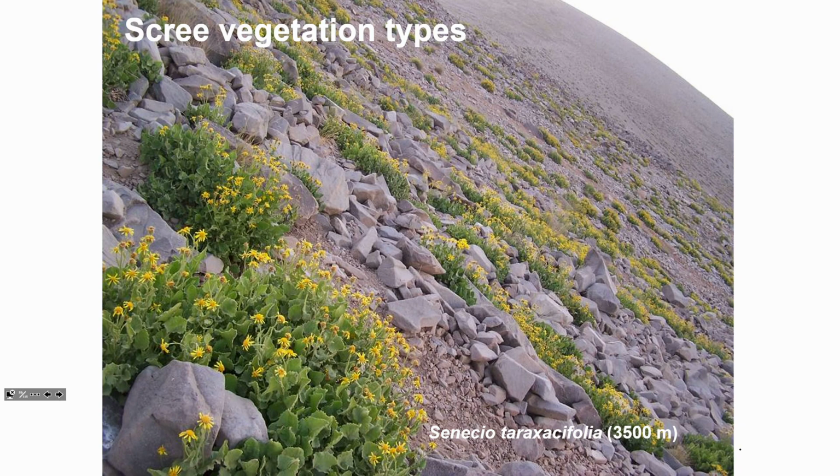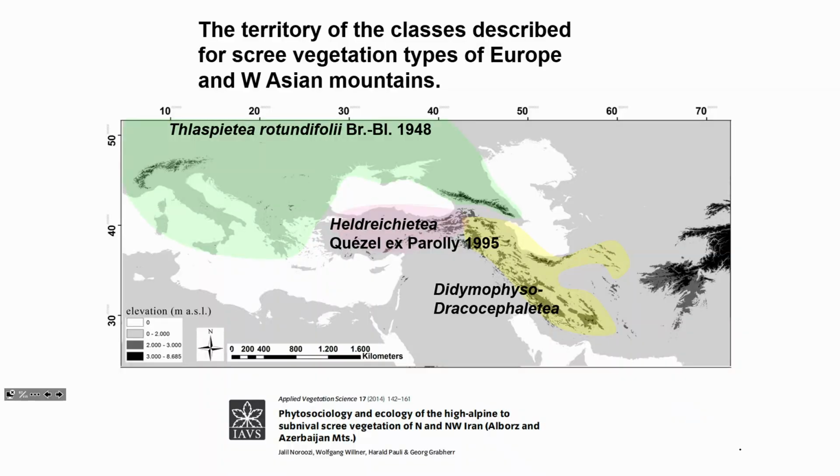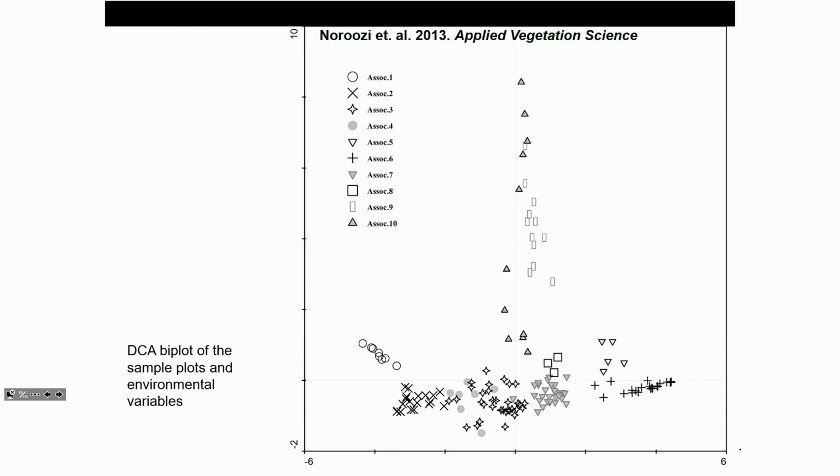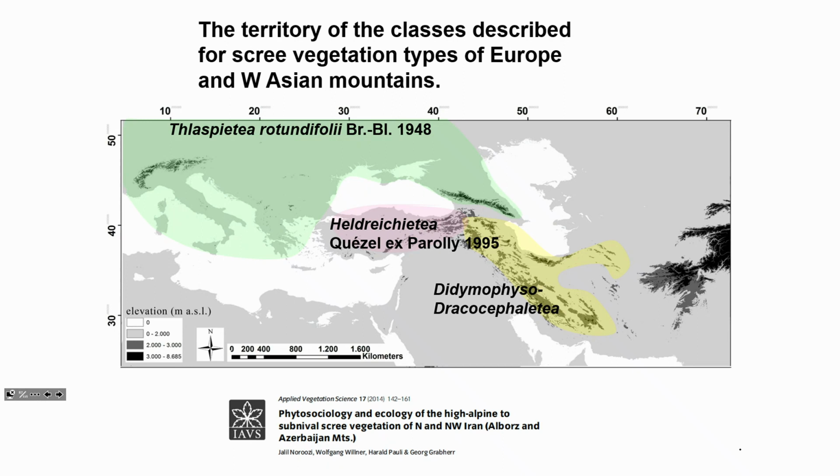Here, different vegetation types, three vegetation types of high alpine and subnival zone. The dominant species here is, for example, Senecio taraxacifolius. For this type of vegetation, which is close to Thlaspietea in Europe or Heldreichietea in Anatolian mountains, in 2014 we published a new class, Didymophysa-Dracocephaletea aucheri.